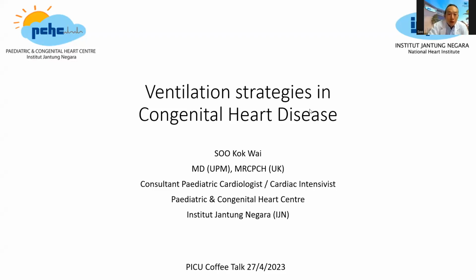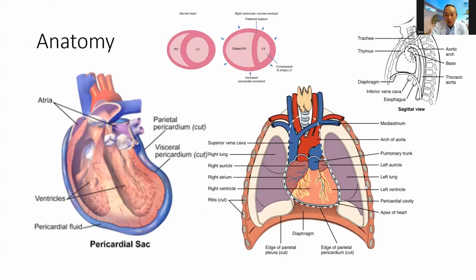To start off, you see a lot of pictures here, but the one I want you to focus on right now is this one. The heart is housed inside the rib cage, with the diaphragm closing at the bottom. So this is somewhat like a sealed compartment.